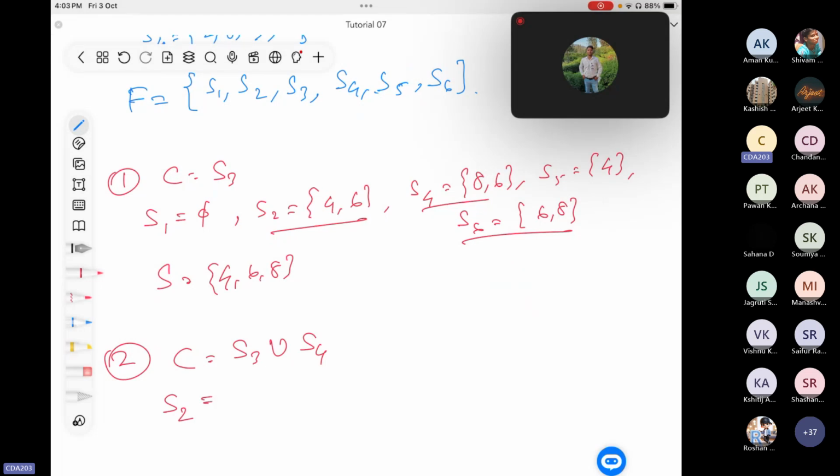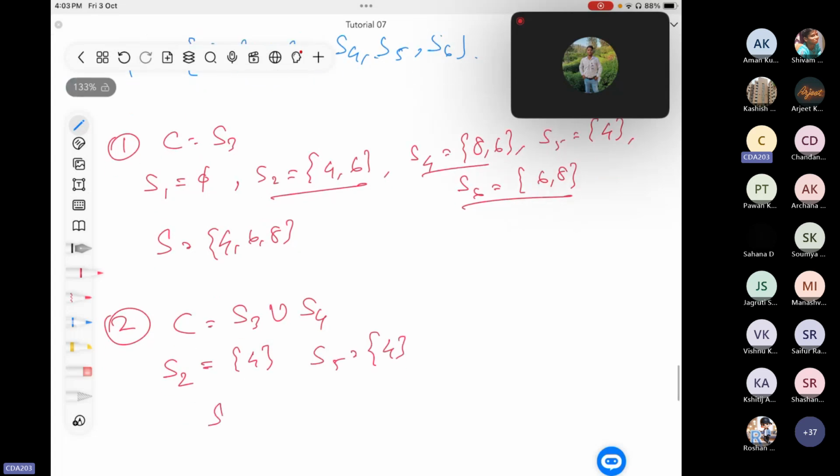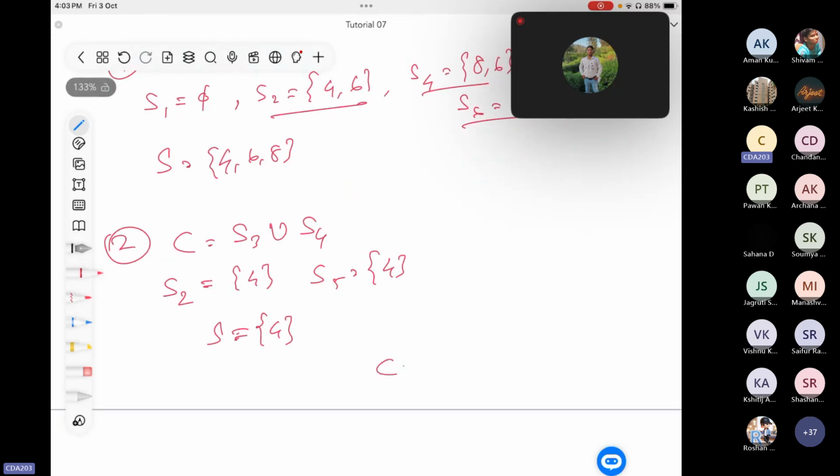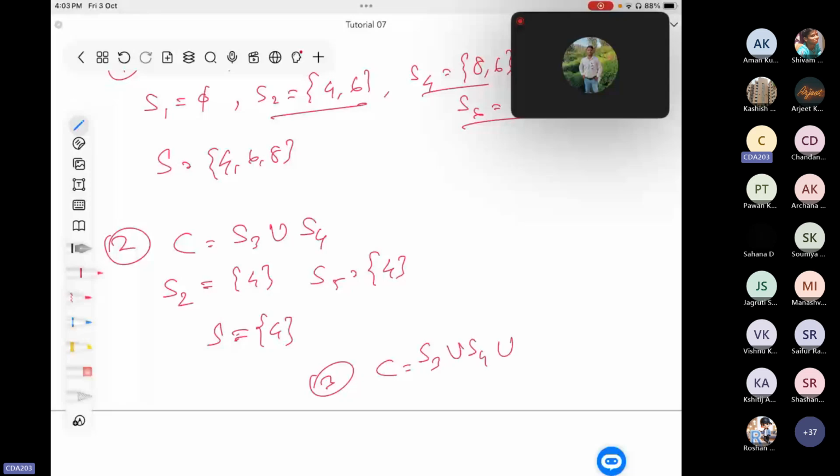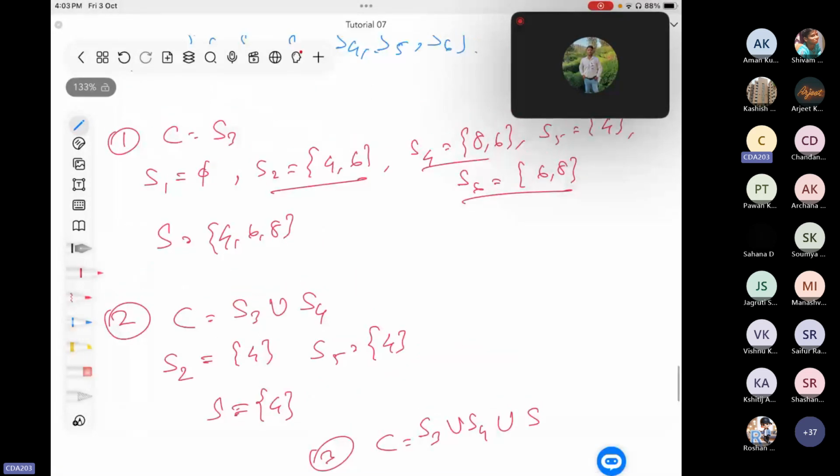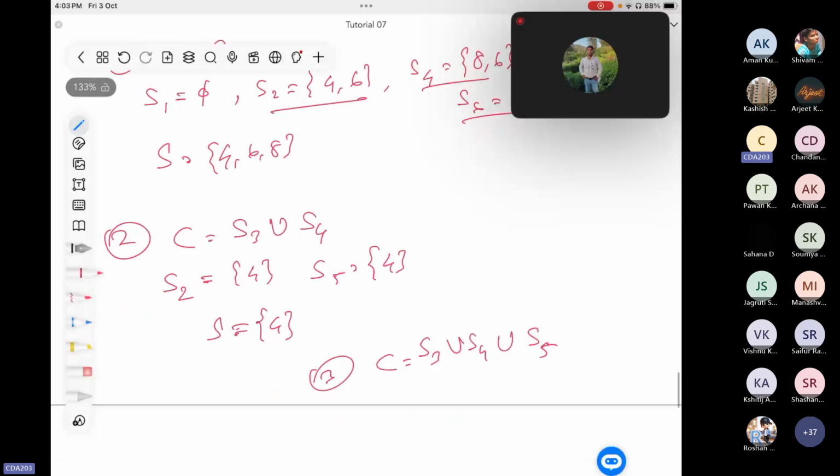So 6 is the only common element. So S2 is 4. S5 is unchanged, 4. So obviously in the next step, you have to include S3 union S4 union any one of these, S2 or S5, let's say S5. So this is your solution. Solution by greedy.